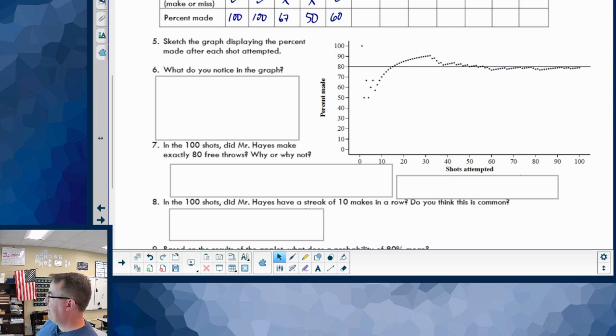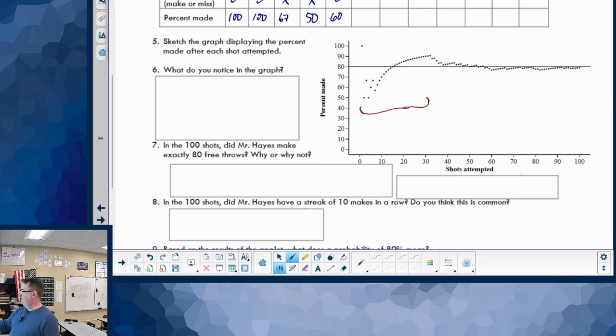So what do you notice about the graph? First of all, in the short term, it's very unpredictable, because notice I'm jumping: I had 0, then 50, then 60, bouncing all over the place.